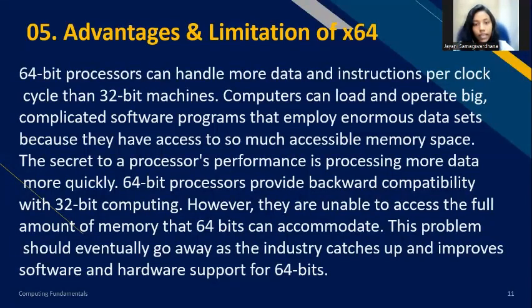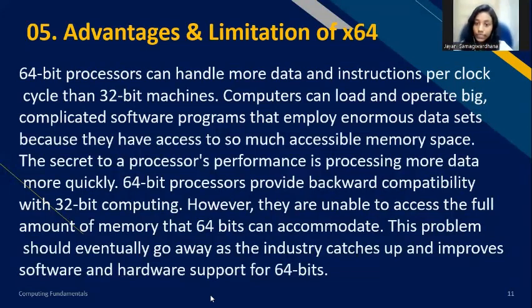However, there are a number of disadvantages to 64-bit CPUs today, including the following. Industry catching up. Practically speaking, 64-bit processors available today are unable to access the full amount of memory that 64 bits can accommodate.